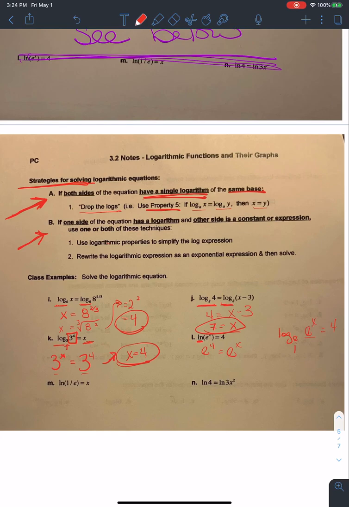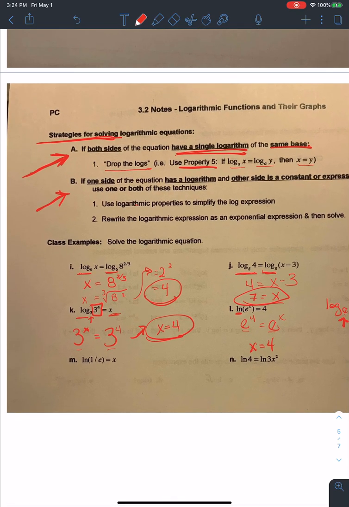So I took this base raised to this power equals this value. And when I solve this, it's clear since they're both an e raised to a power, x must be 4.